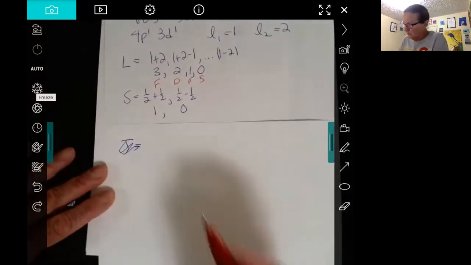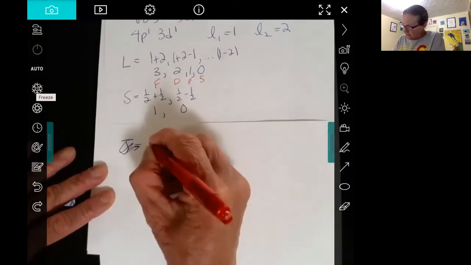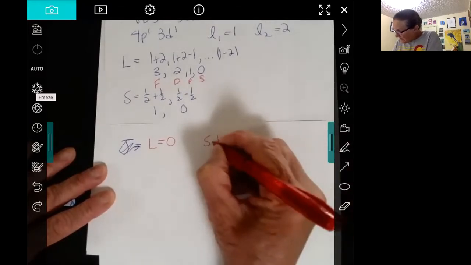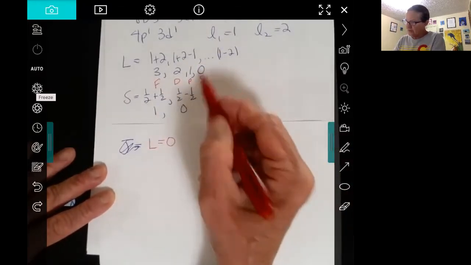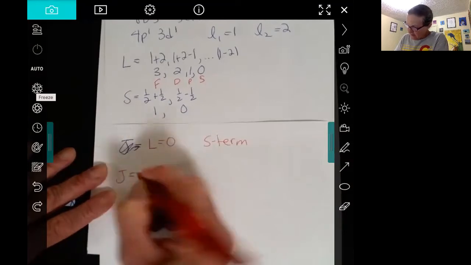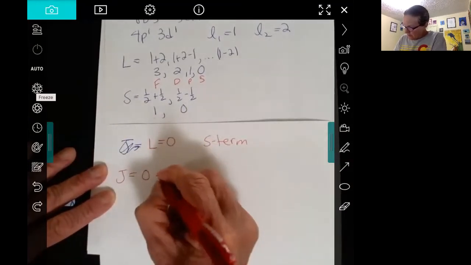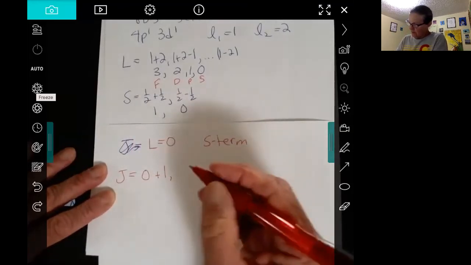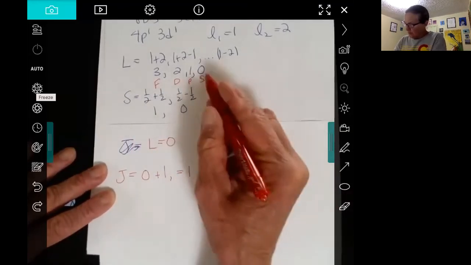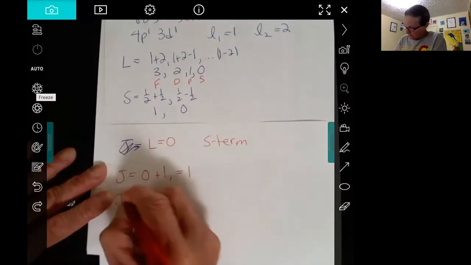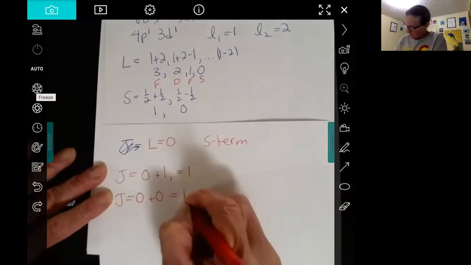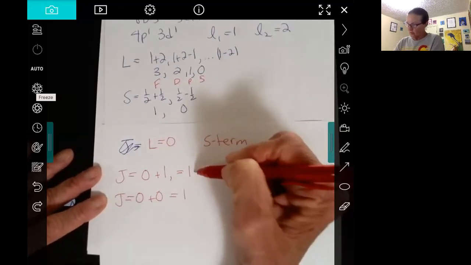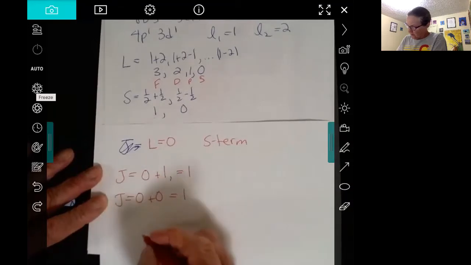So when we look at L equals 0, the S term, it can couple with this, or it can couple with this. So our J can equal 0 plus 1, and that's it, because you go down by 1, so it can equal 1, or it can equal 0. So the S terms can have a J of 1 or 0. So let's write out what those S terms look like.